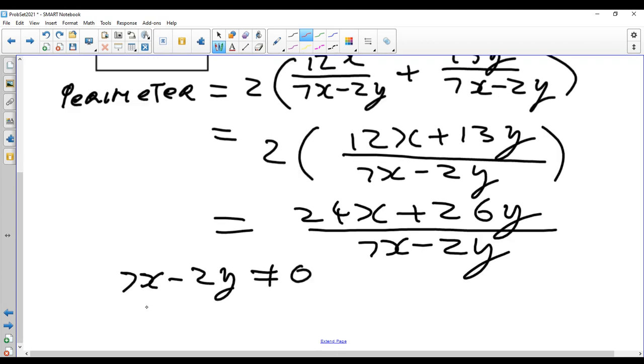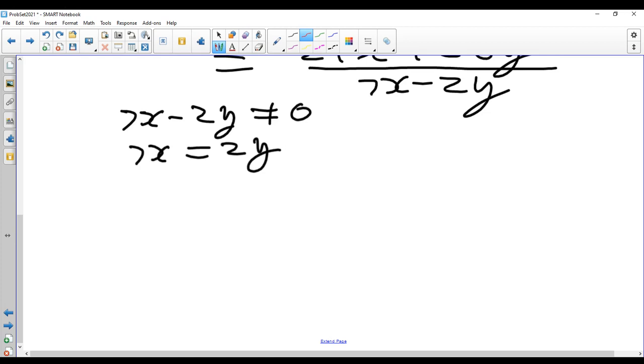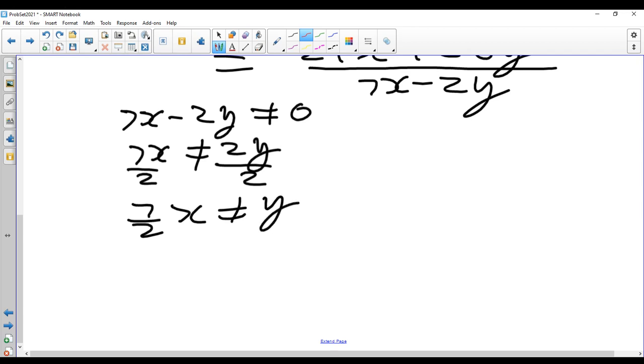So what I would do is I'd say 7x cannot be equal to 2y. Or another way you could say is divide both sides by 2. You don't have to do this part, but probably not a bad idea. You could say that 7 over 2x cannot be equal to y. That's all it is. Just set it equal to 0, rearrange it, and there's your restriction. So 7 over 2x cannot be equal to y.